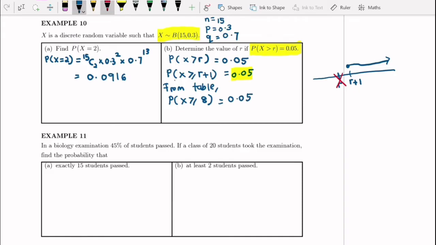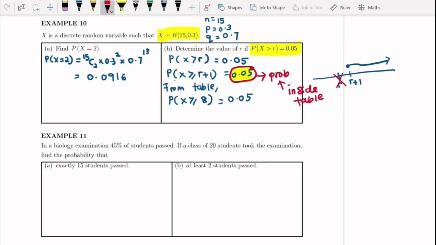We need to look at the value inside the table.